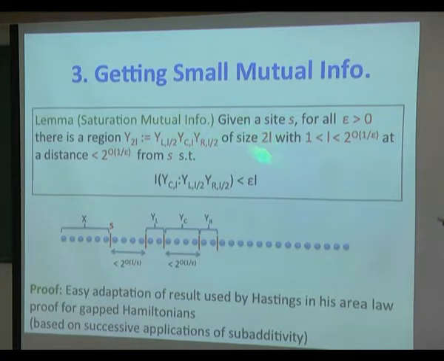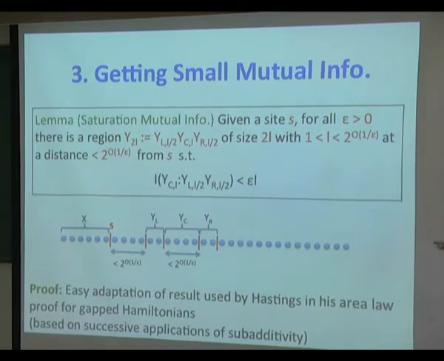So what it says is that, in general, given any quantum state or a probability distribution, doesn't matter, and some site S, then for any parameter epsilon bigger than 0, you can find a region as the one we want: Y left, Y central, Y right, of size L over 2, L, and L over 2 again, where we don't know the size of L. There is one L for which it is true.